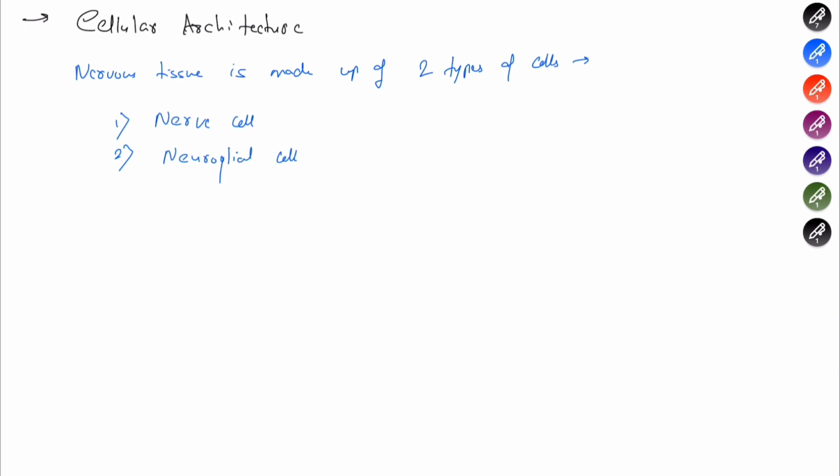Neuro means nerve and glia means glue. So the cells which are attached to the nerve cell is known as neuroglia cell. So let's talk about neuron or nerve cell.